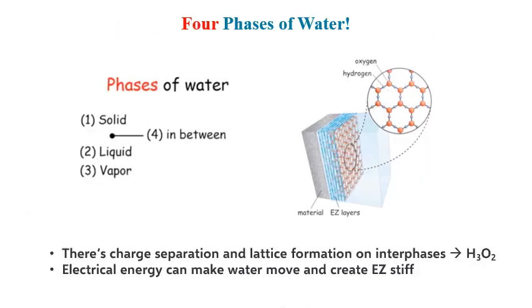Now, when you start looking at what is happening with the water molecules closest to the surface, that is this hydrophilic material, you find that the water is not really liquidy. It has this gel-like property.